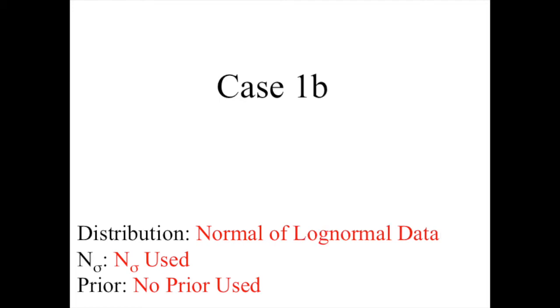Like with cases 0A and 0B, the normal distribution of the normal data was used in the A case, and the normal distribution of the natural logarithm of the data was used in the B case. Moreover, just like cases 0A and 0B, no prior was used for cases 1A and 1B.